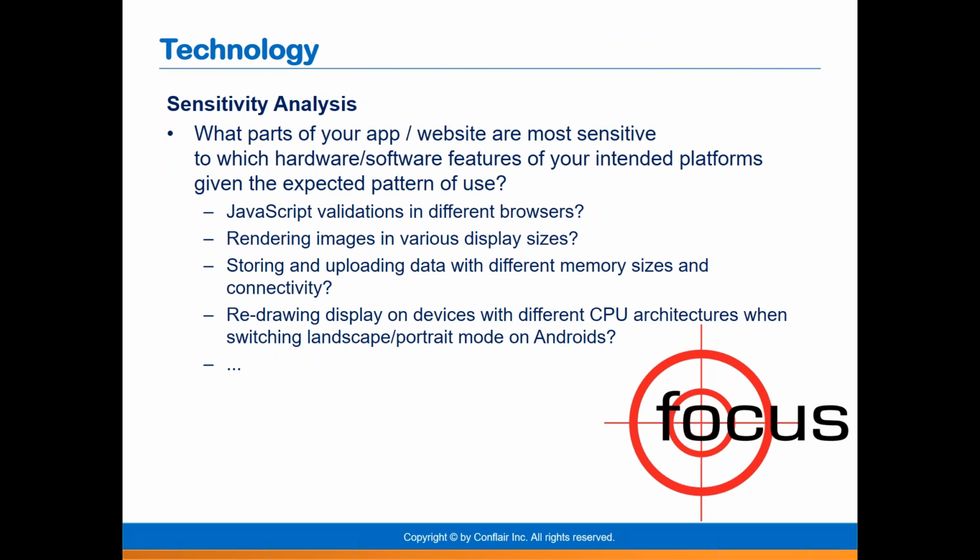Or go to the house which is on sale, take pictures of everything inside and upload it when the connection becomes available. Now, in this kind of app, I want to make sure that when I use it with devices of different memory size, it still works because it stores things temporarily. And I want to make sure it works with different connectivities I can expect in the field. That's a compatibility test indeed.